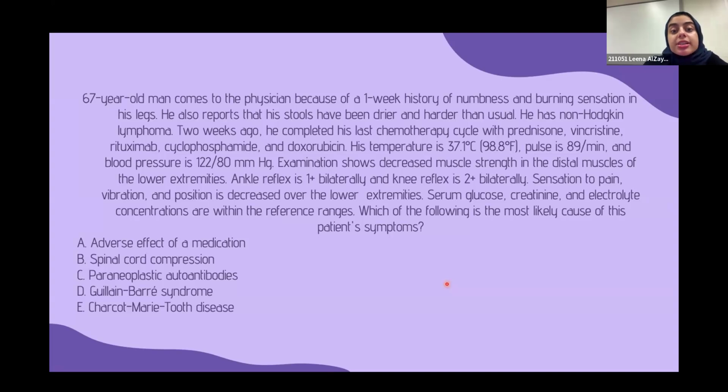He also reports that his stool has been drier and harder than usual. He has non-Hodgkin's lymphoma. 2 weeks ago, he completed his last chemotherapy cycle with prednisolone, vincristine, rituximab. I'm going to skip the names. You guys can read them.